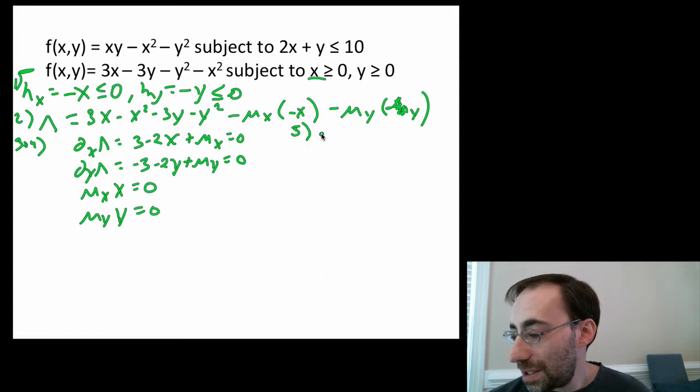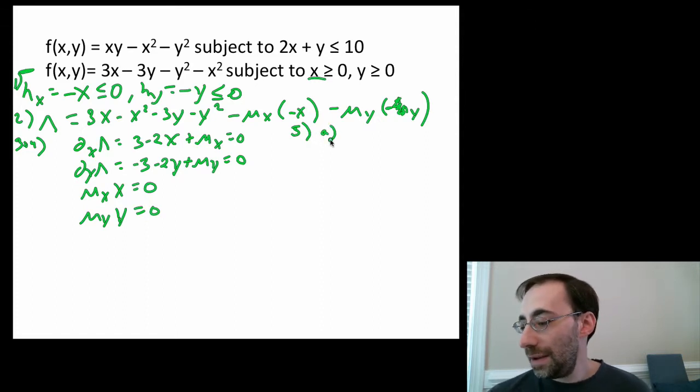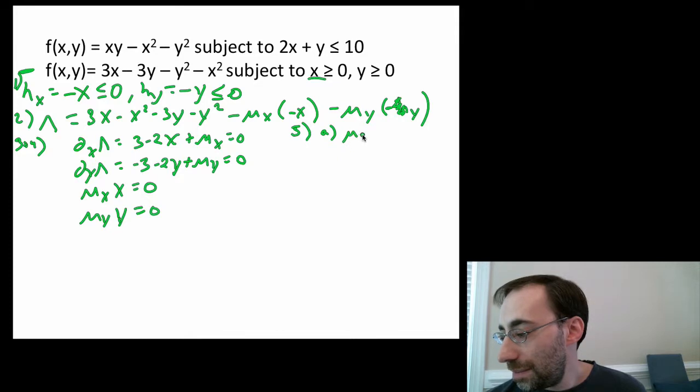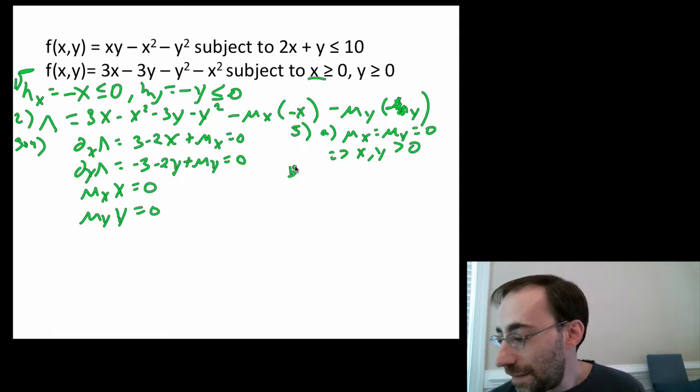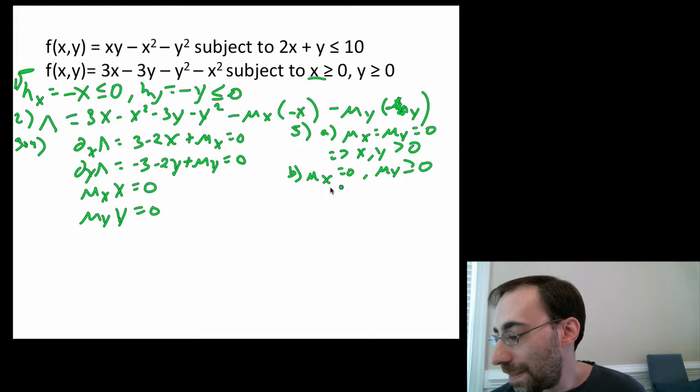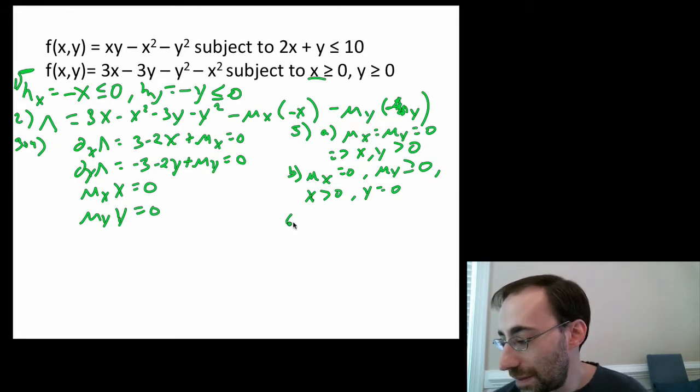First case, case A. Case A has mu x equals mu y equals 0, which implies that x and y are both strictly greater than 0. Case B has mu x equals 0, mu y greater than or equal to 0, which implies that x is greater than 0, but y is equal to 0, because the constraint binds for y in that case.